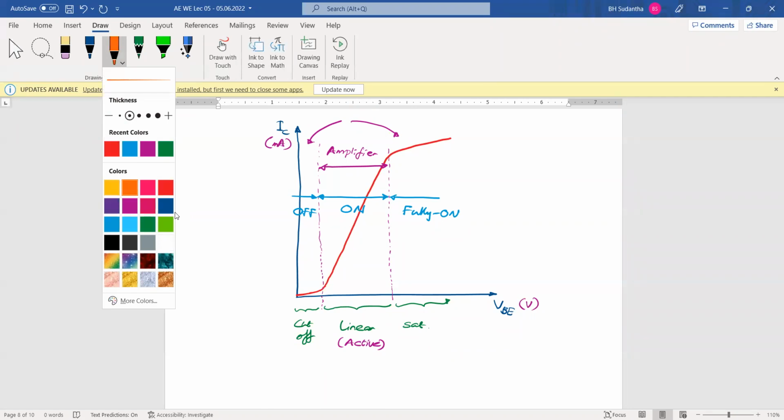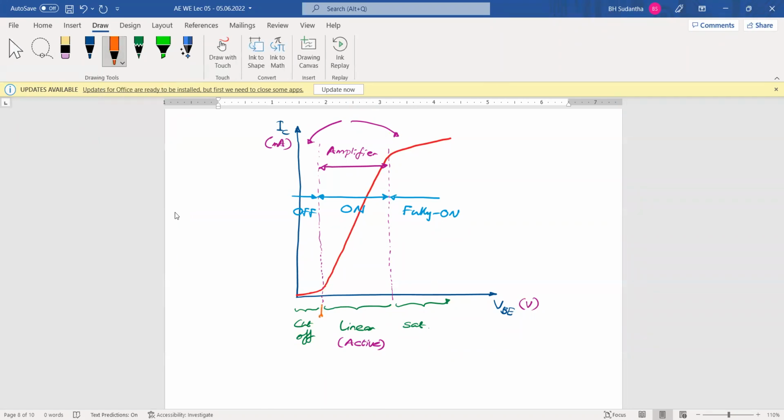this is 0.6 volts, and this is 0.7 volts.